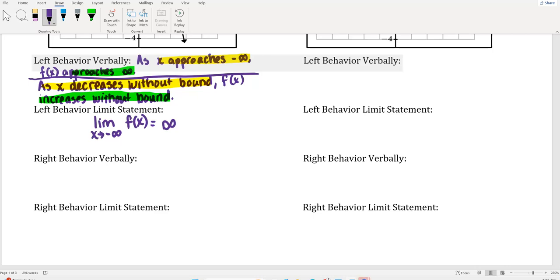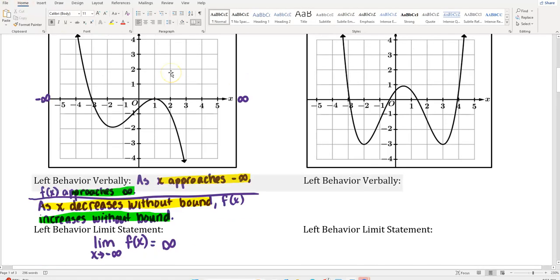If we want to write a right behavior verbally, we would say for the right side, it's always going to be as x increases without bound, f of x. In this case, on the right side, my graph is going down.